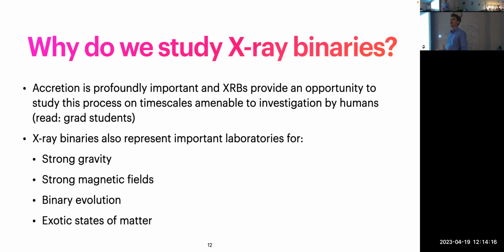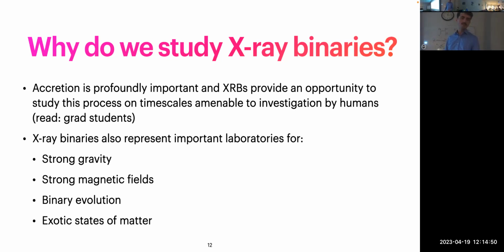In particular, accretion onto AGN has ramifications for galactic feedback, for the evolution of supermassive black holes, etc. But the variability of accretion in AGN happens on timescales that are not reasonable for people to study, like hundreds of years. In X-ray binaries, these outbursts last a year max. So that's an amenable timescale for grad students and other human beings to study.